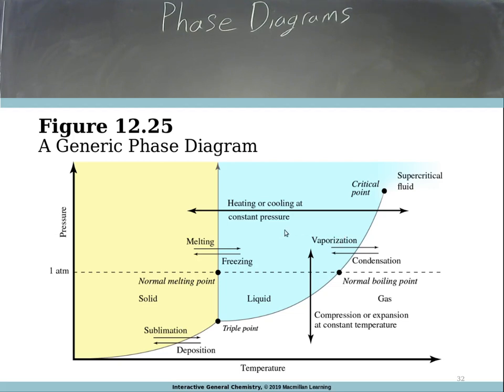There are also a number of important points on this graph. So along these lines where the phase transitions occur, you can have solid and liquid coexisting at equilibrium. Let's suppose I have a block of ice at 1 atmosphere of pressure, and I bring it up to 0 degrees Celsius. That's the normal melting point.